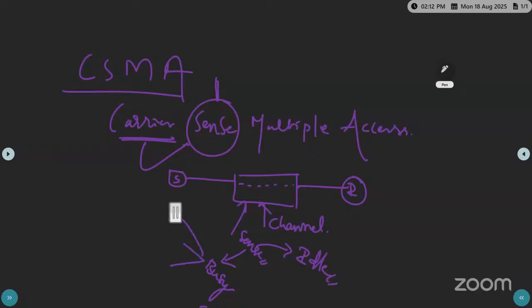How much do we need to wait? There are three categories in this CSMA: one is 1-persistent, second is non-persistent, and third one is P-persistent.